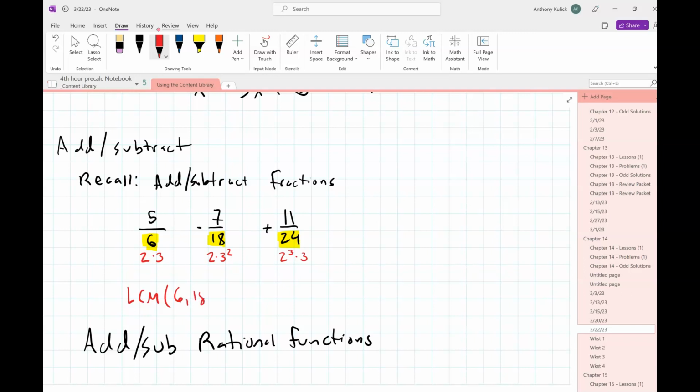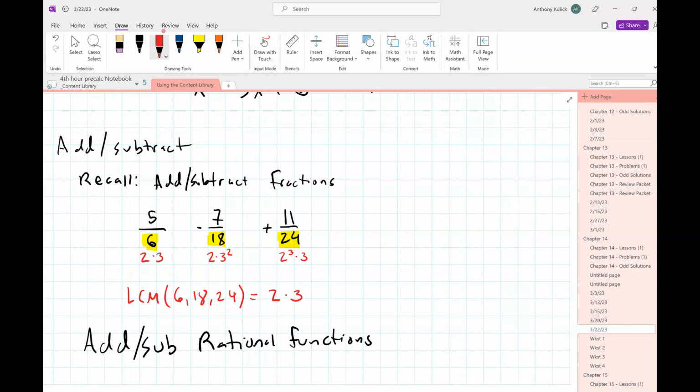So the least common multiple of those 3 numbers is going to have to contain any distinct prime factor of 6, 18, or 24. What are the distinct prime factors of 6, 18, or 24? 2 and 3.